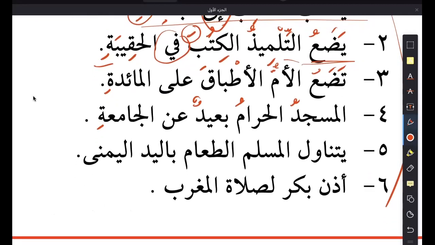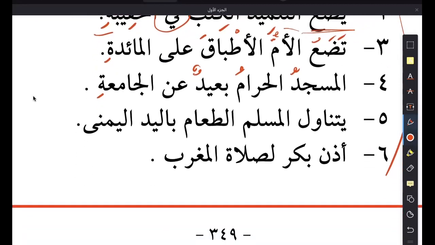Okay, the Masjid al-Haram is far from the university. يتناول المسلم الطعام باليد اليمنى. Yumna. Here, this one is اسم المقصور. This alif at the end, you cannot put any haraka, so it stays like that in all cases, because alif cannot take any haraka.